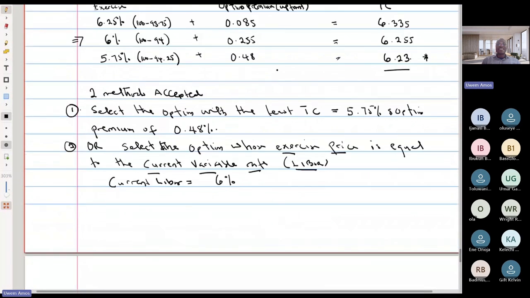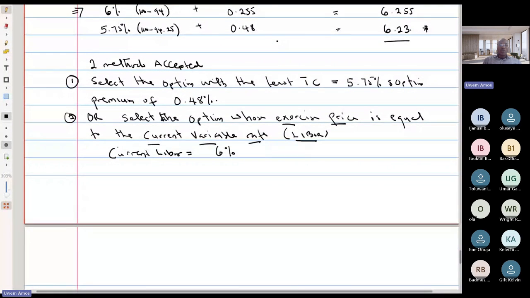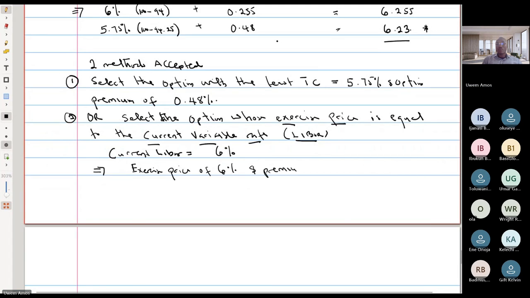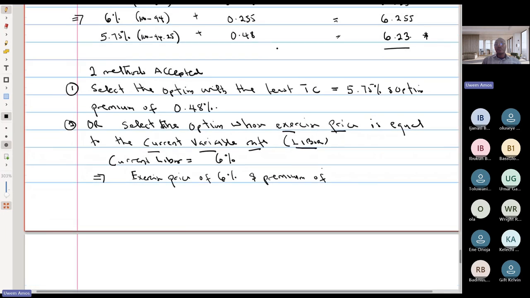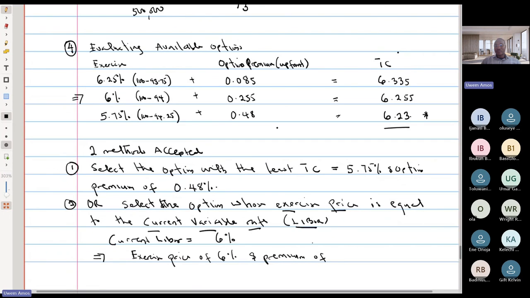So if we are to go with the second accepted method, we will select the option that has an exercise price of 6% and premium of 0.255. Now, because these are two acceptable methods, we must write in our answer booklet which method we are going for.